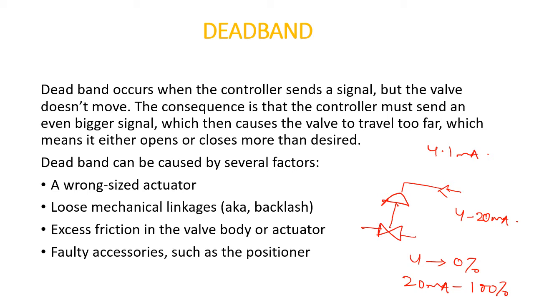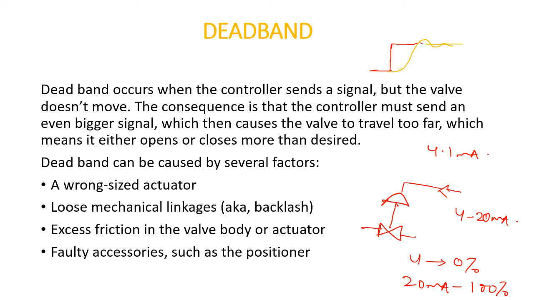You can see that if we plot it, there is a step change in the input of the positioner. Even with this step change, the control valve maybe starts to move slowly or at a later stage, like this.